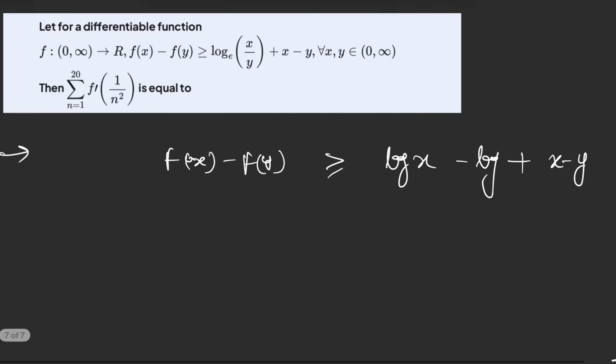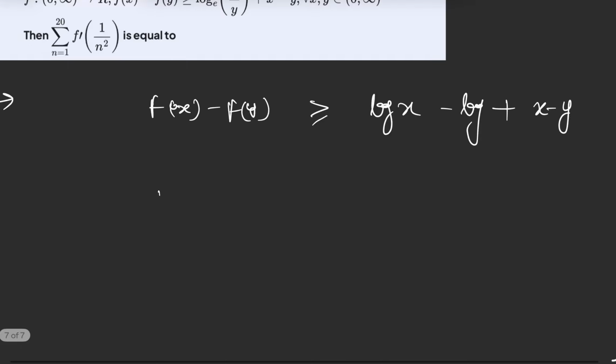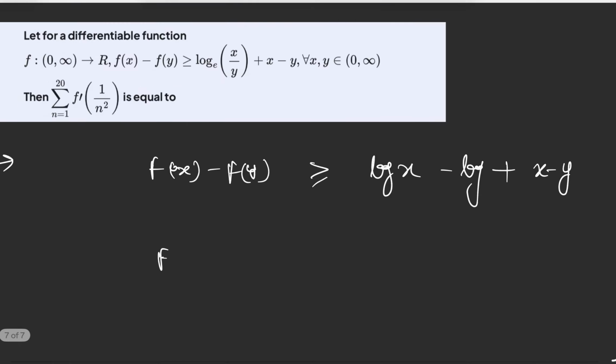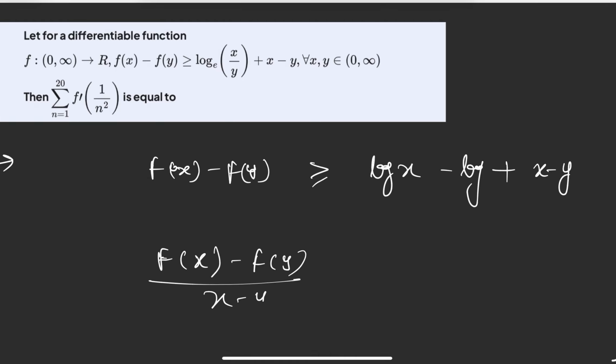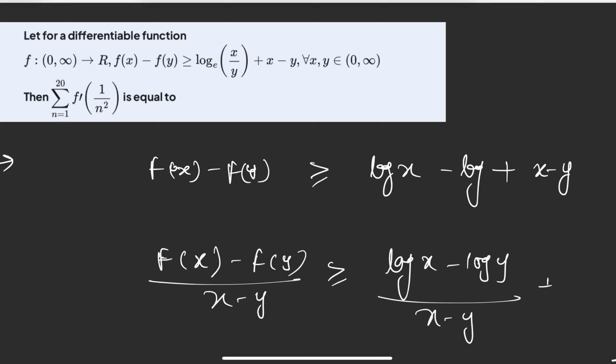If I divide by x minus y on both sides, because x and y are from 0 to infinity, yes, I can divide. So (f of x minus f of y) upon (x minus y) is greater than or equal to (log x minus log y) divided by (x minus y), plus (x minus y) by (x minus y), which is 1.